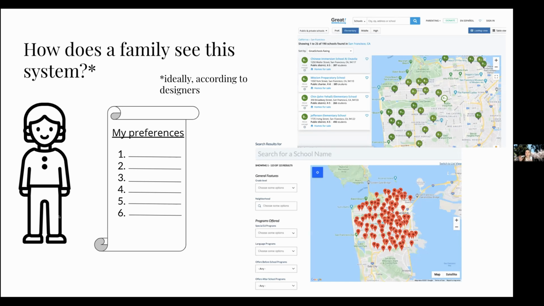I've put a little caveat on this slide because this is the way the system designers imagine a parent would go through this. As we're going to see, there are a number of reasons why for some parents this might not look exactly like this. So I have these two slides to highlight the contrast between the model that was used to develop these algorithms and the reality that families are facing.